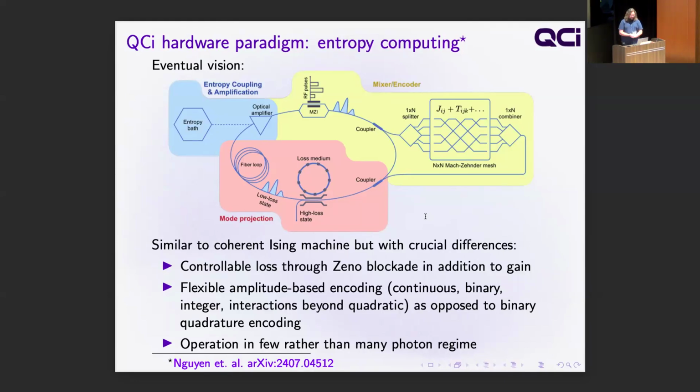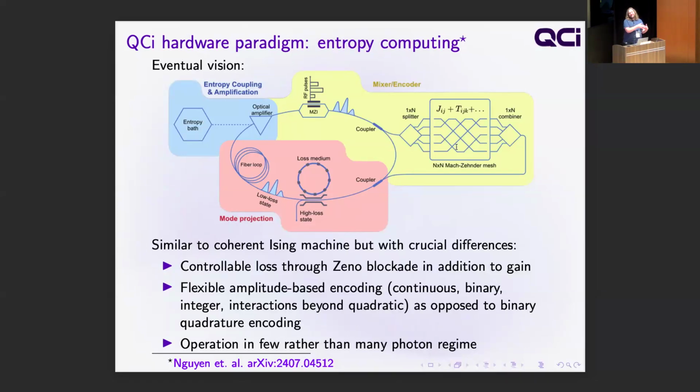Our hardware team wants to build something like a coherent Ising machine, but with controllable loss and controllable gain using an effect called Zeno blockade. Both controllable loss and gain in a fully optical setting is what we eventually want to do.